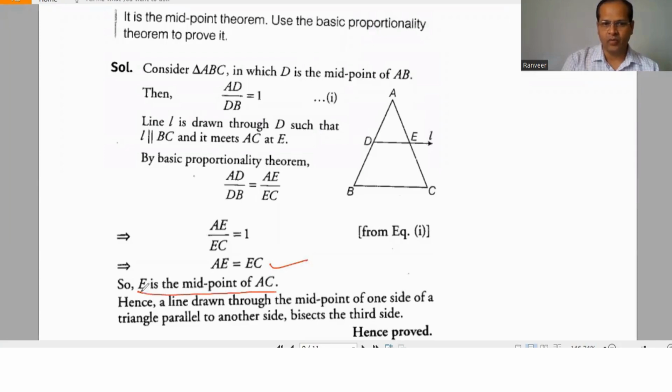So E is the midpoint of AC. So a line drawn through the midpoint of one side of a triangle parallel to another side bisects the third side. In this way, we can prove it.